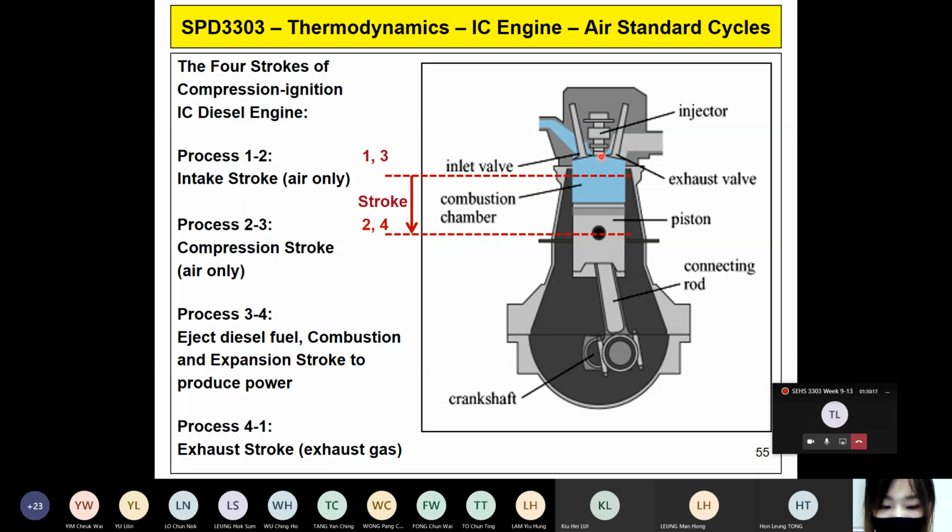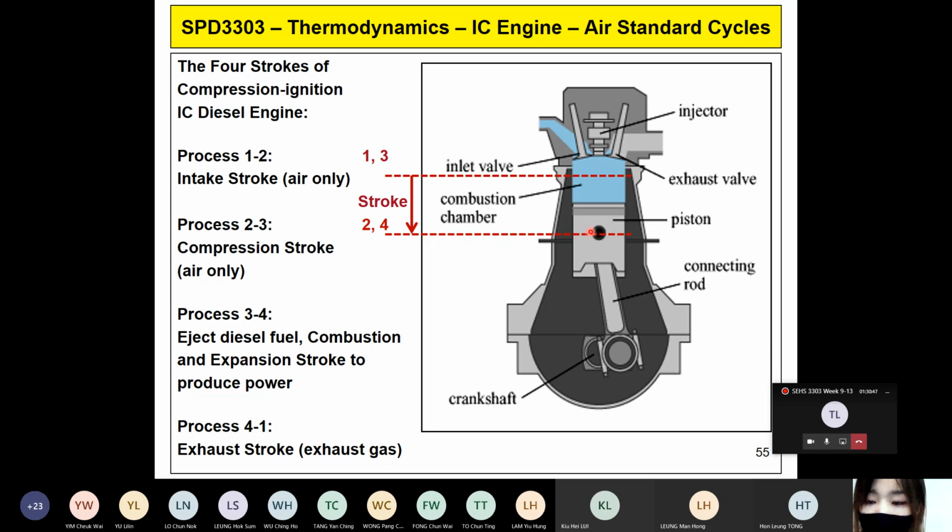Also, in the power stroke, in the expansion stroke, what we have is a constant pressure combustion. In a gasoline engine, we can ignore the movement of the piston because the combustion is very fast. The movement is negligible, but here we can't.